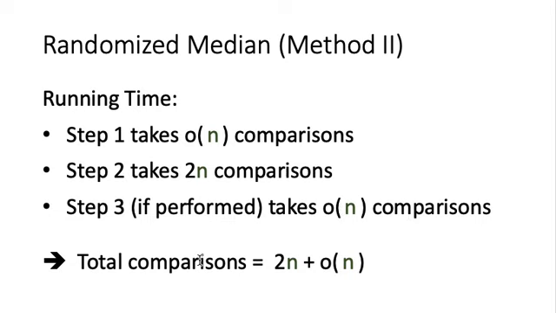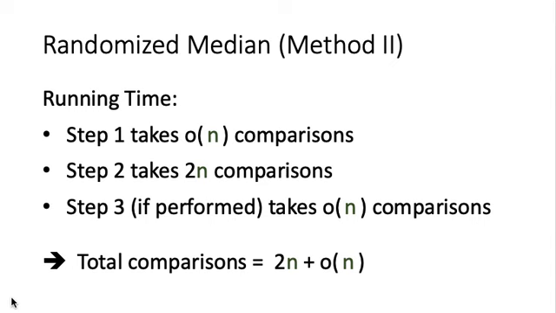So in total, no matter what happens, whether all 3 steps are performed or just step 1 and step 2, the total number of comparisons is at most 2n plus little o of n. And as we can see, as long as we do not fail in step 2, and we proceed with all the steps, then we can find the true median of the big S.